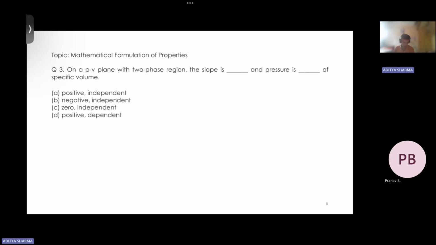So the question says that on a PV plane, two-phase region, it talks about slope, and then it talks about pressure.